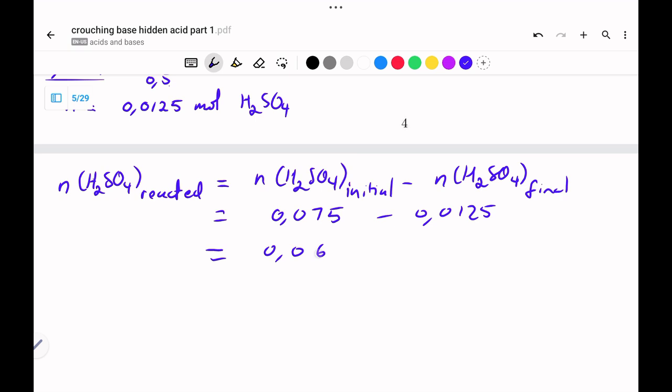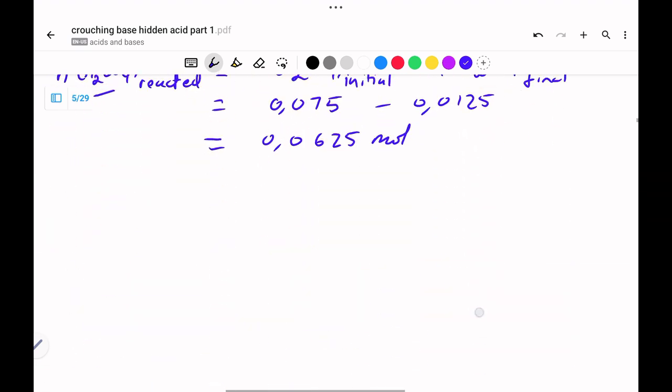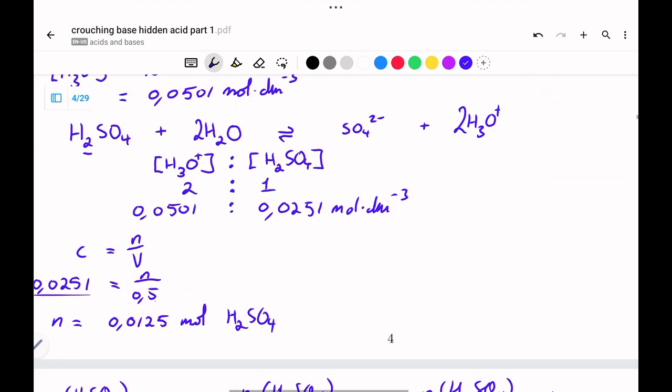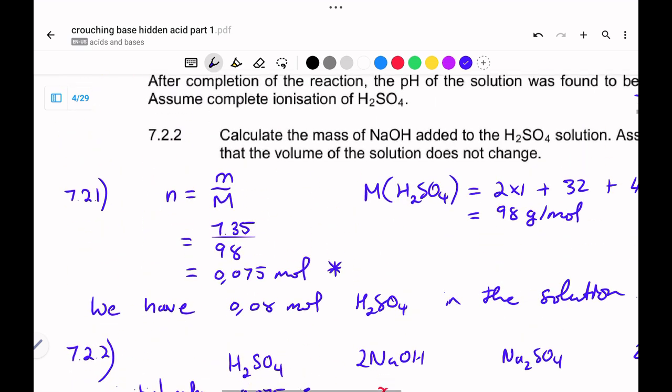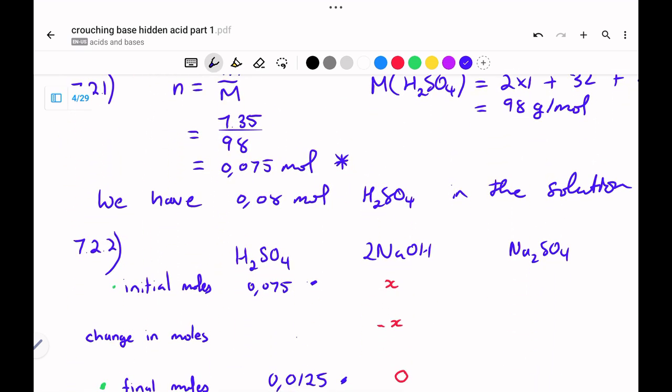Is that right? Yes, 0.0625 mole. And of course it's H2SO4. 0.0625. Where does that go?